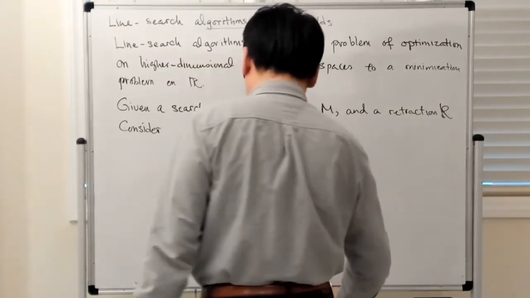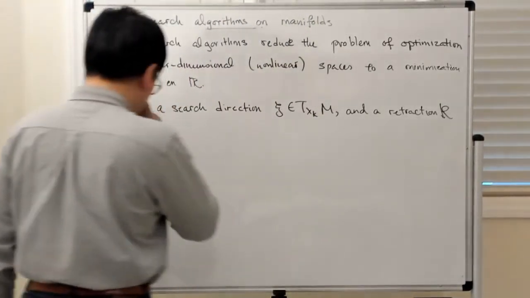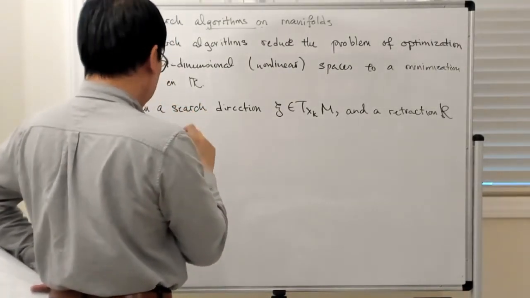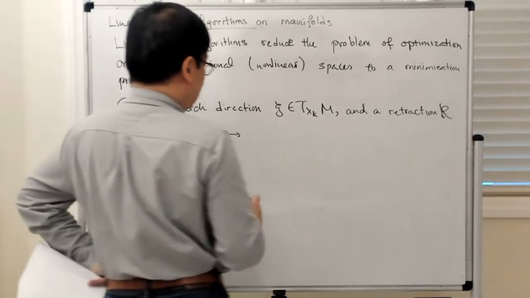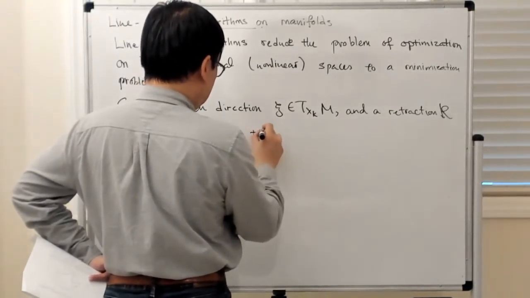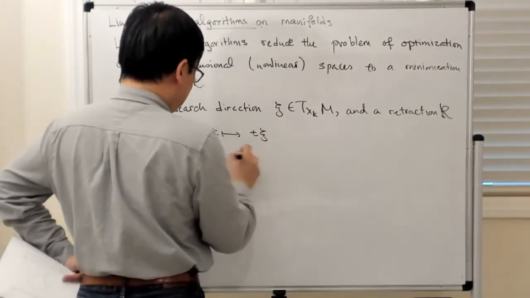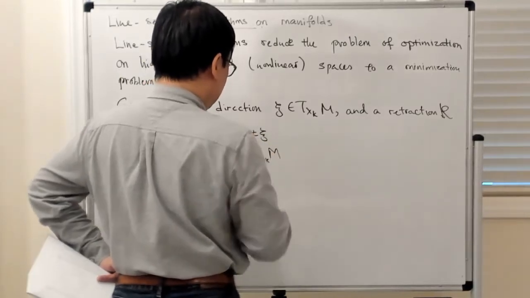No, that's not what I want to do. Sorry. Okay. So given a search direction and a retraction, what I want to do is the following. I want to have a map from t to t times the search direction. Okay, so this is in the reals, and this is in the tangent space at x_k of the manifold.